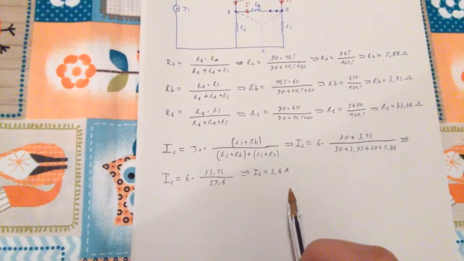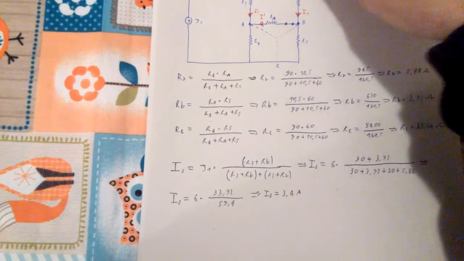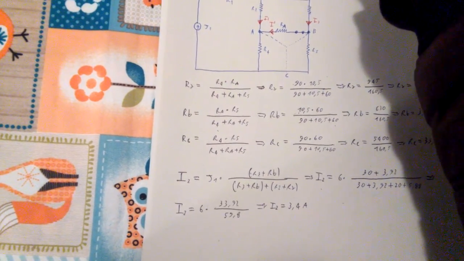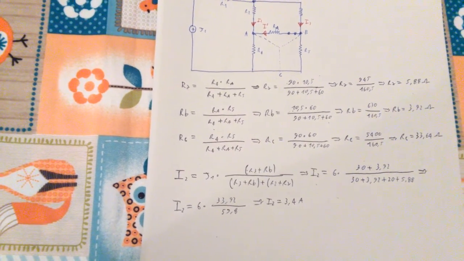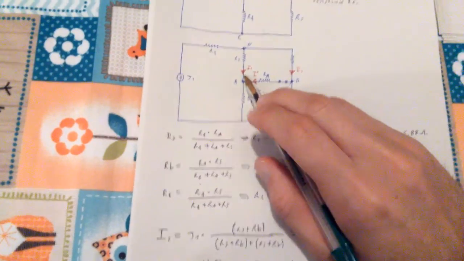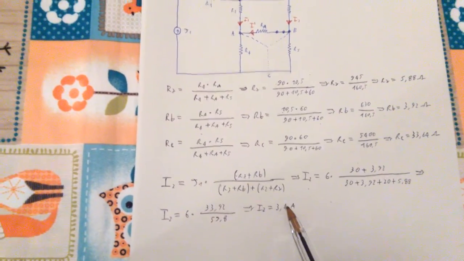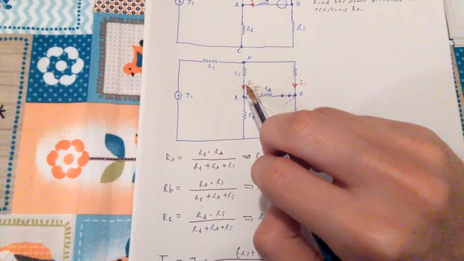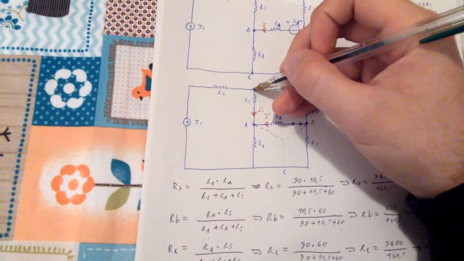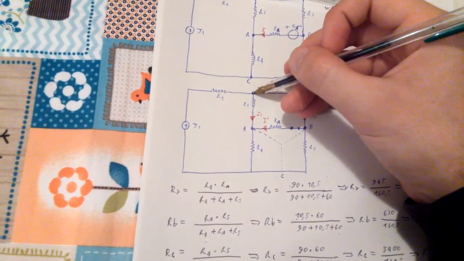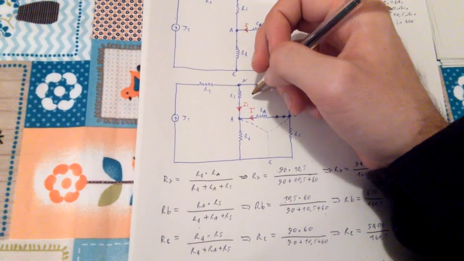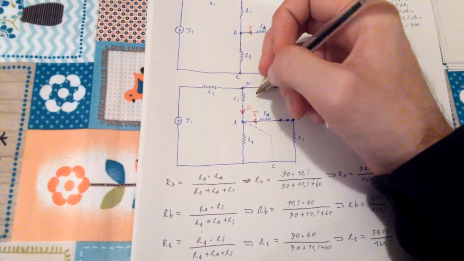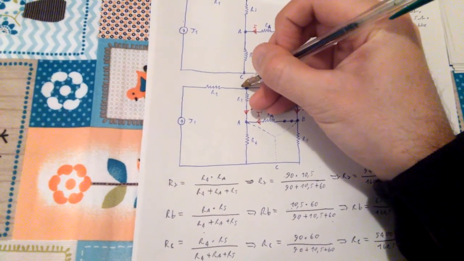So now I found the current I2, which is this one, and it's 3.4 amps. Now this point here is a node, and I'll call it N. I'm going to apply the Kirchhoff current law to this node.